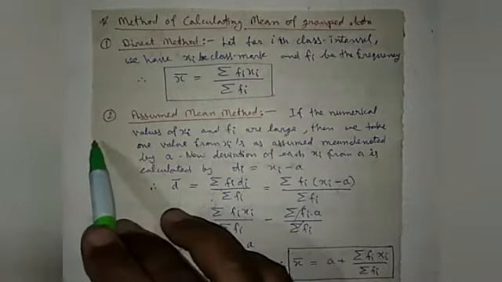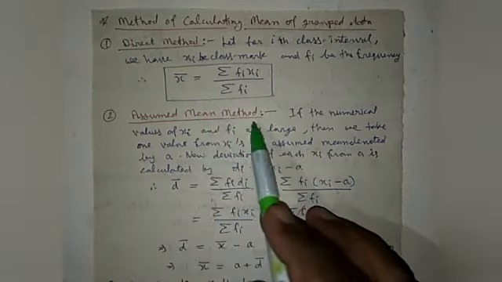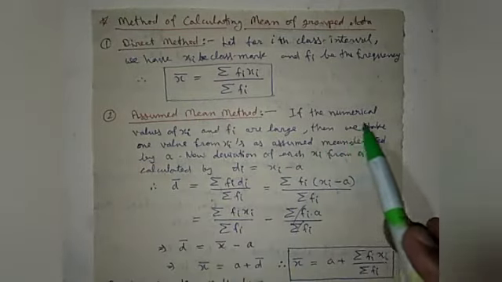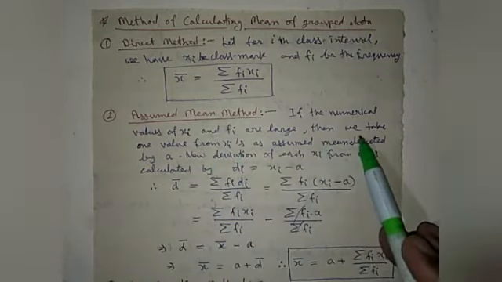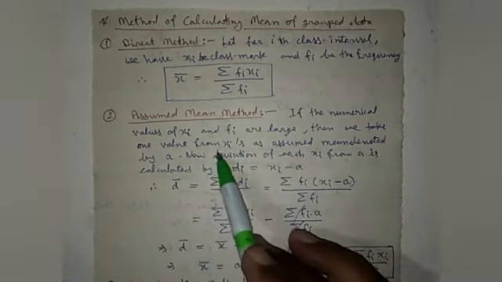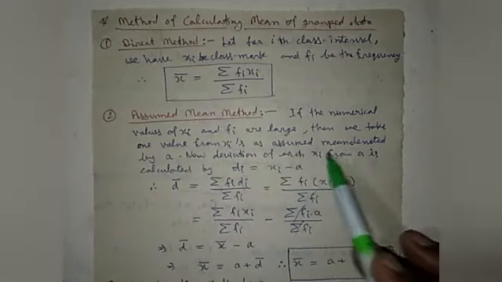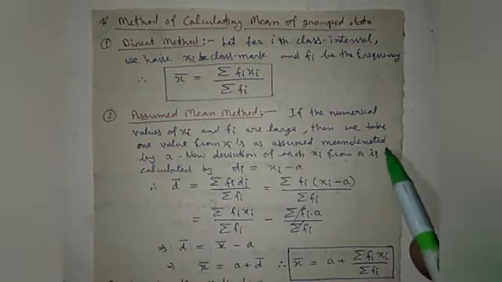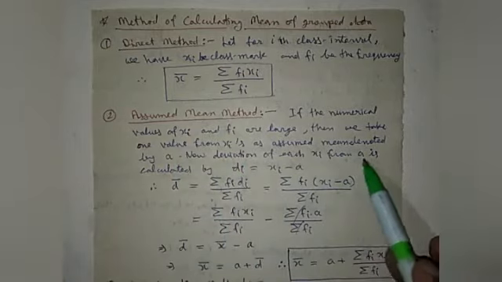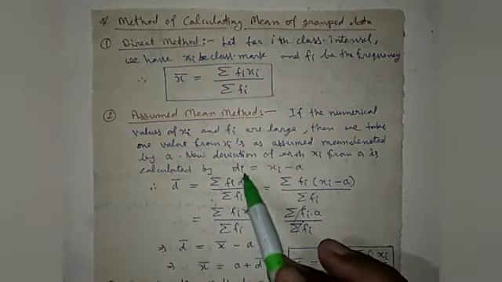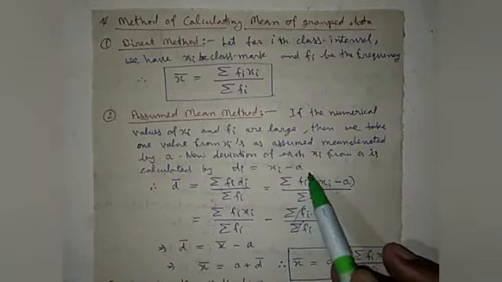The second method is the assumed mean method. If the numerical values of xi and fi are large, then we take one value from xi as the assumed mean, denoted by small a. The deviation of each xi from a is calculated as di equal to xi minus a.